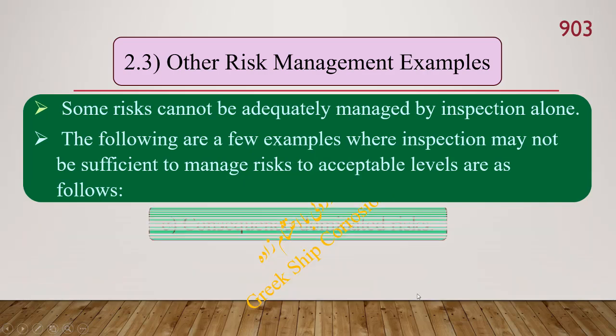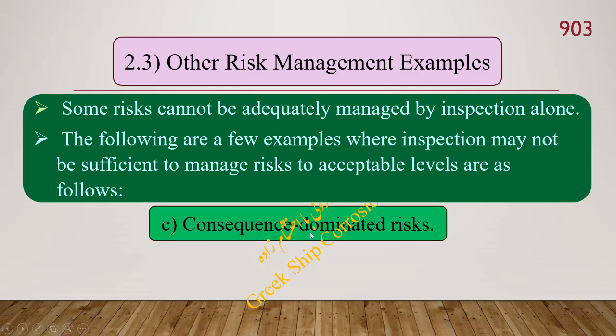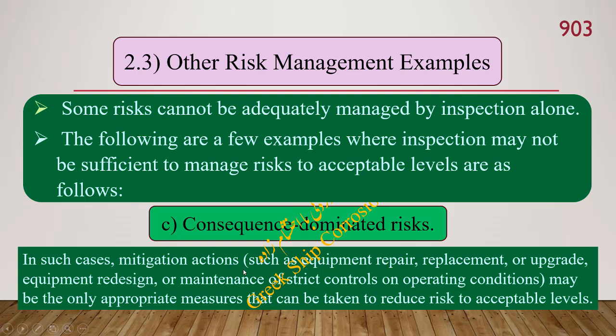And C. Consequence-dominated risks. In such cases, mitigation actions such as equipment repair, replacement, or upgrade, equipment redesign, or maintenance of strict controls on operating conditions may be the only appropriate measures that can be taken to reduce risk to acceptable levels.